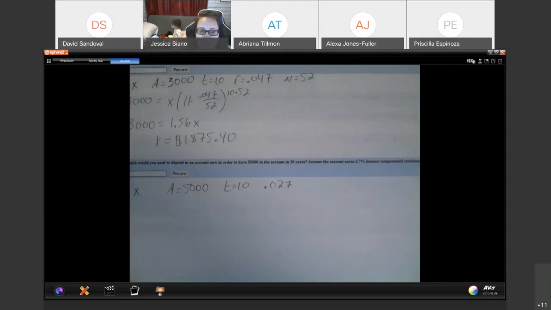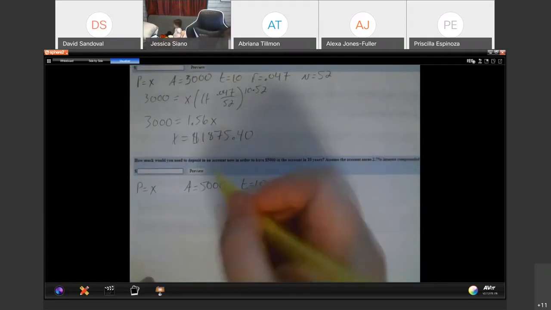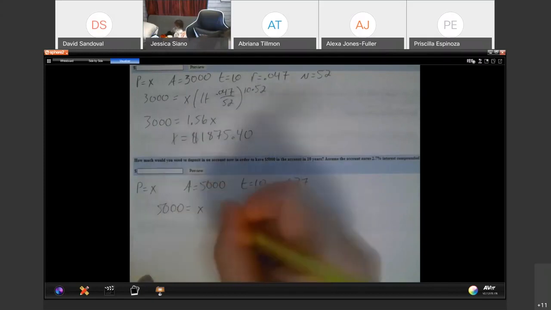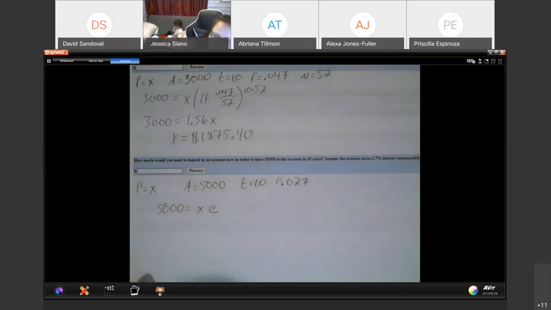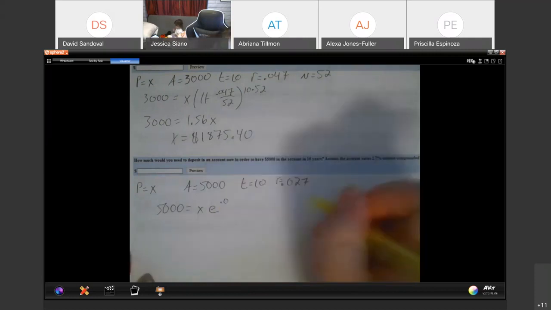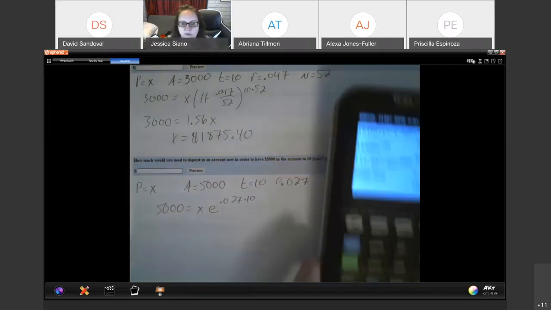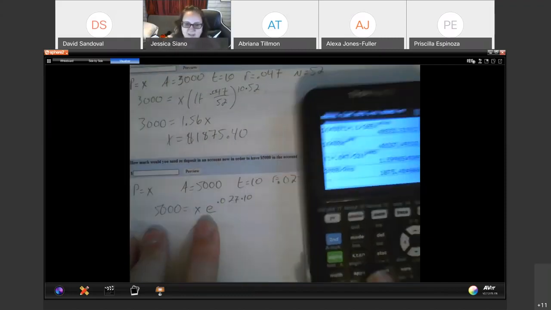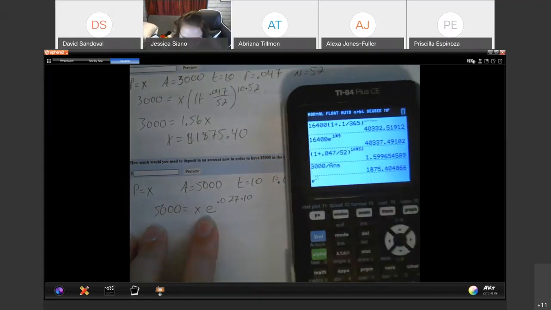That means I need my Pe to the rt formula. So 5,000 equals x times e to the 0.027 times 10. Again, remember e is a constant, so this is just a number.